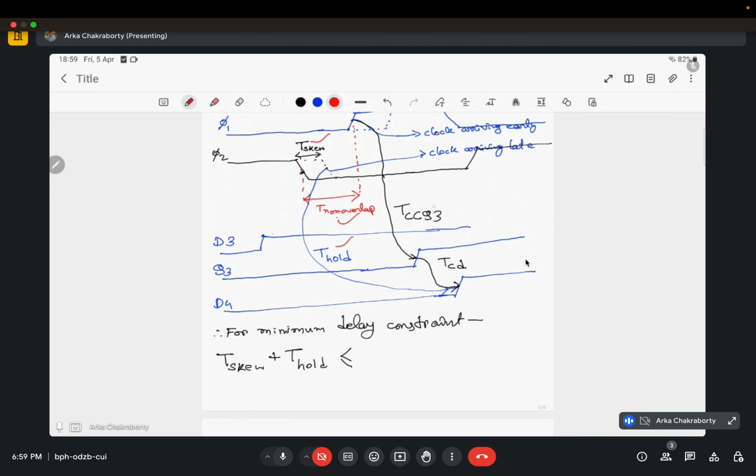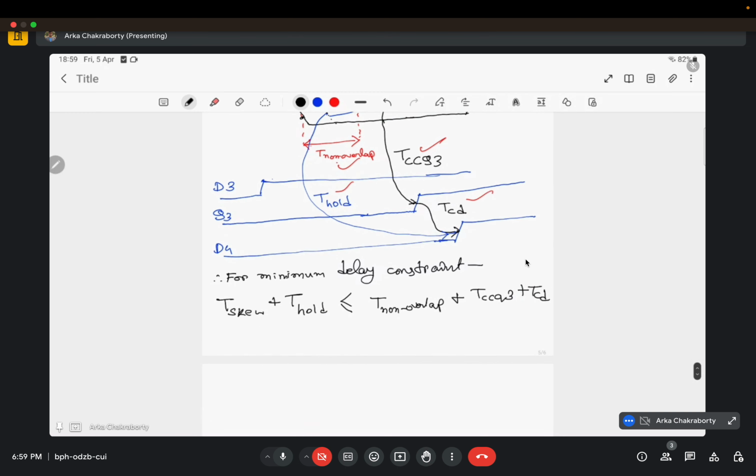T non-overlap is present, TCCQ3 and TCD is present, right? So T skew plus T hold should be less than equal to T contamination delay plus, sorry, let me write it sequentially. So T non-overlap plus TCCQ3 plus TCD, correct?